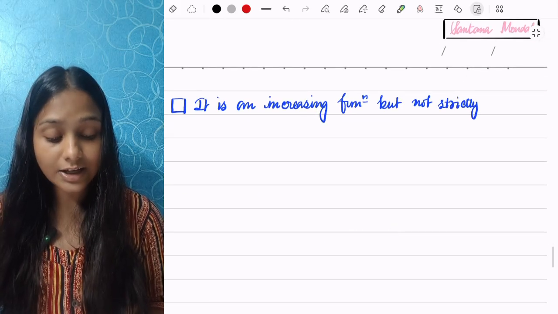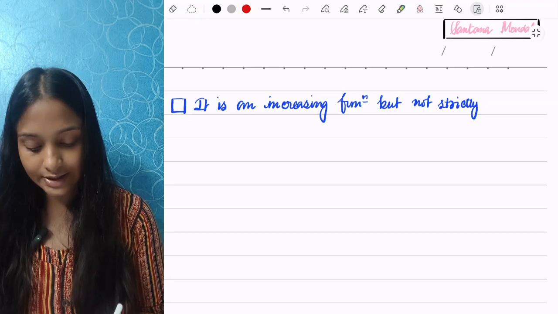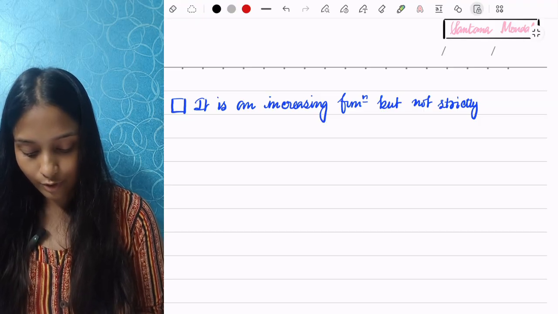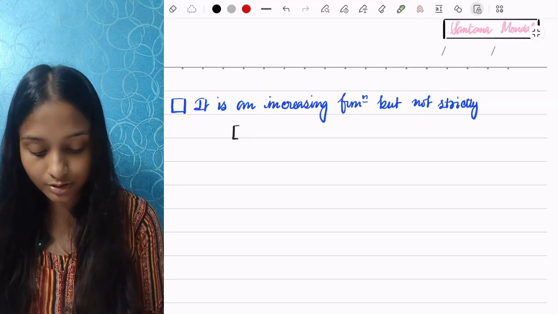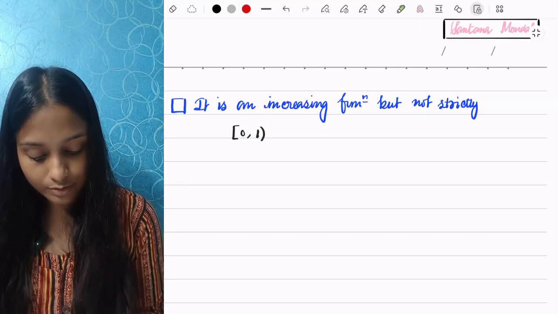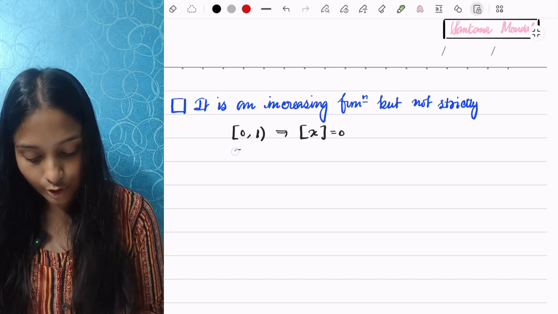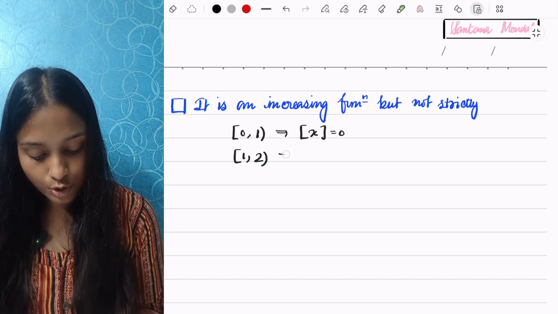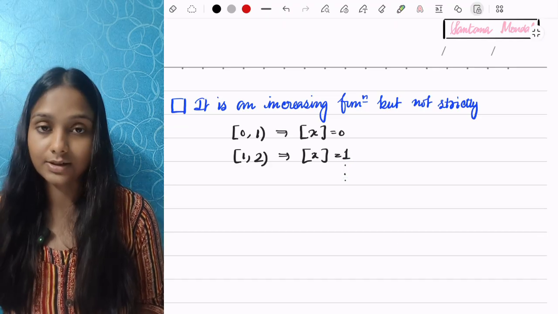Next, it is an increasing function but not strictly. We can prove it by intuition. For 0 to 1, floor x will have the value 0. For 1 to 2, floor x will have the value 1. So the values are increasing gradually.